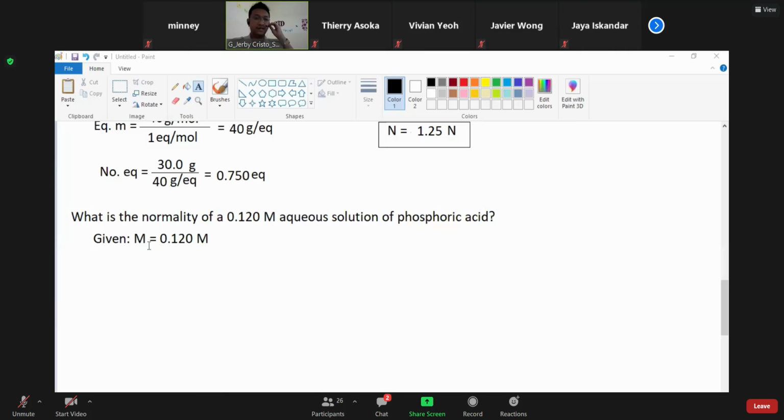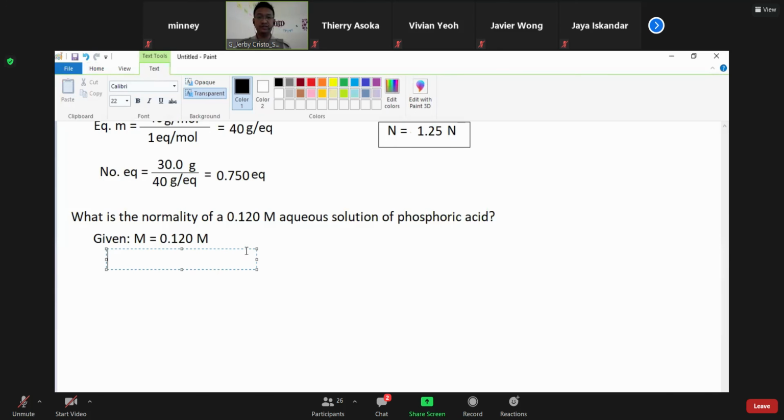All right. So aside from the concentration, what else do we need to calculate the normality? We also need the number of replaceable ions of the substance, phosphoric acid.